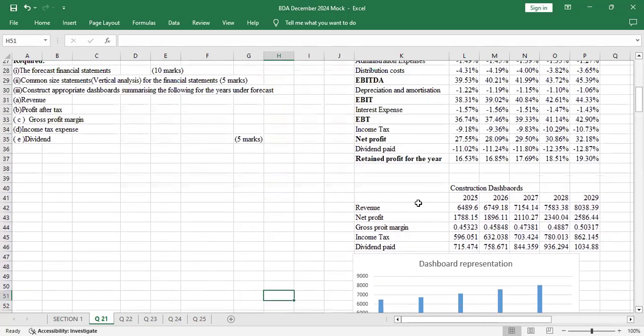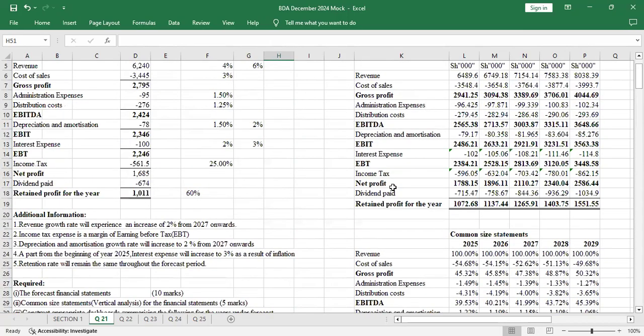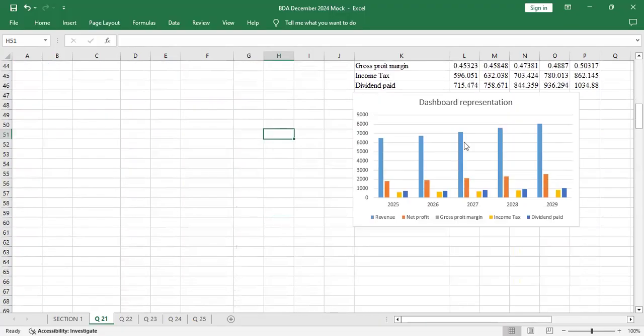You can go back to the question and see how much dividend was paid. We paid 715, but income tax for that year was lower at 596. So even a layman can now analyze. A shareholder who is not an accountant can analyze this presentation.